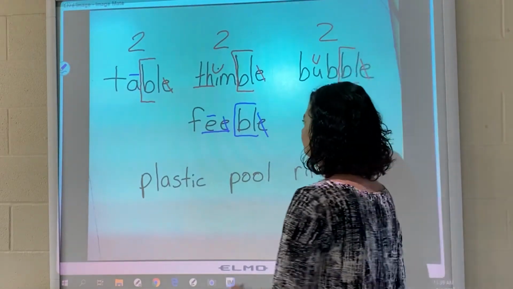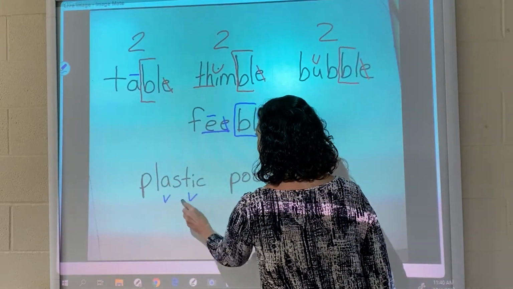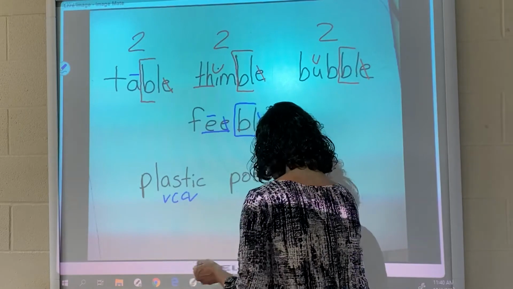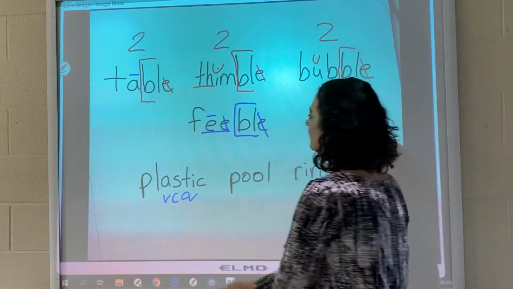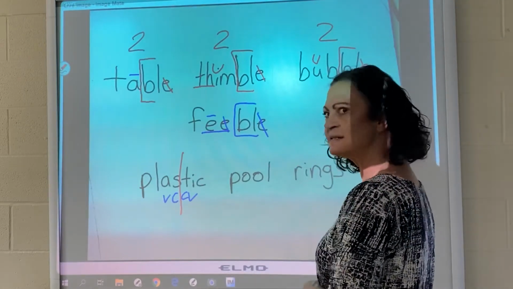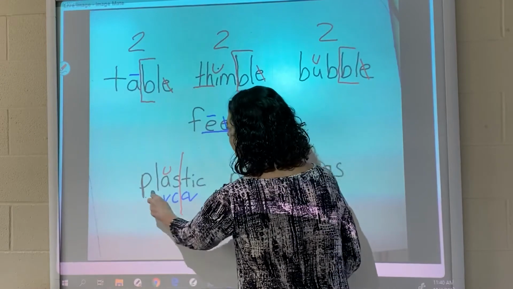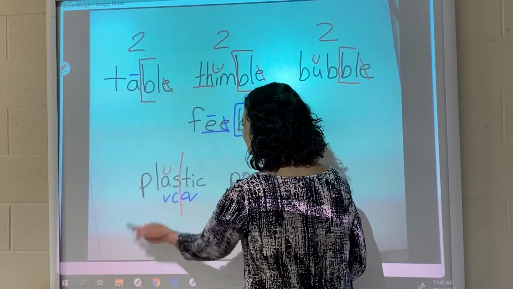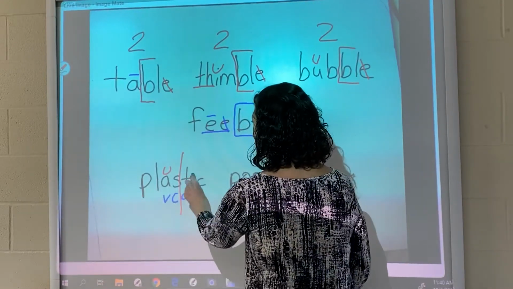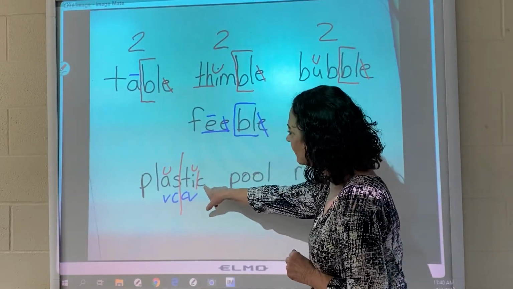I see a word right here that has 2 vowels, 2 consonants between. So that's how I'm going to code it to start with. I'm going to separate the 2 consonants. And so I have class is the first syllable, and then I'm going to code my C with the K back.